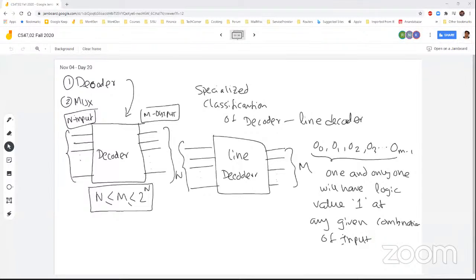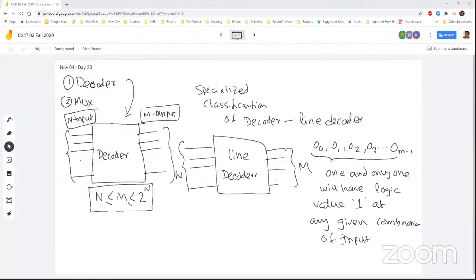So on the incoming side, there will be different combinations of inputs in terms of logic bits, like logic value 0 and 1. For any given combination, there will be one and only one output with logic value 1.